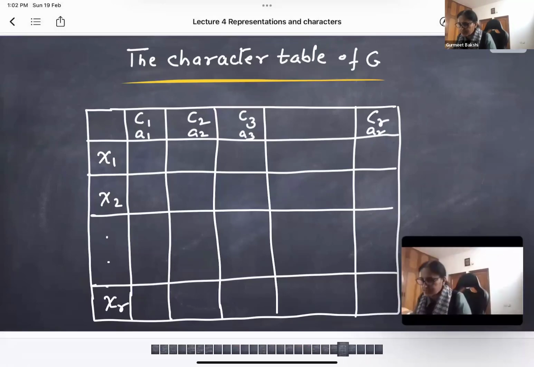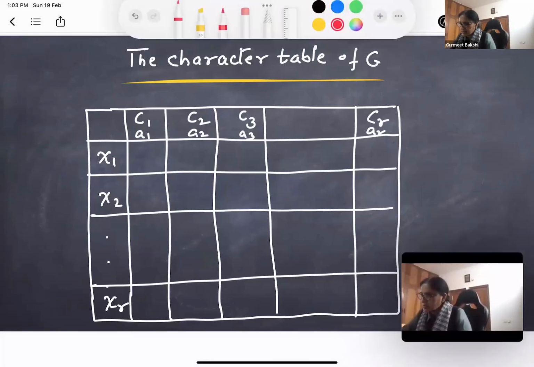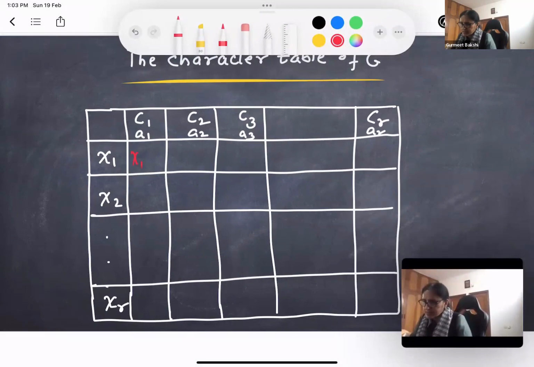I write down these values, so basically you are encoding all the values of the irreducible characters of G into this table, and this table is called the character table of the group.